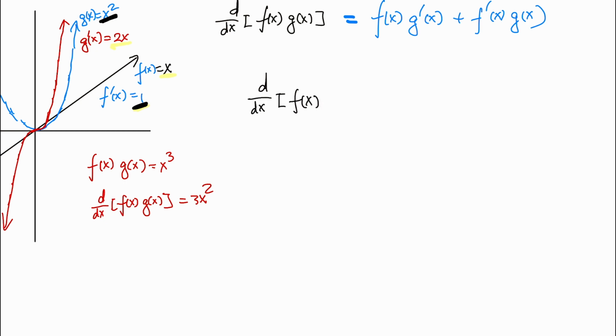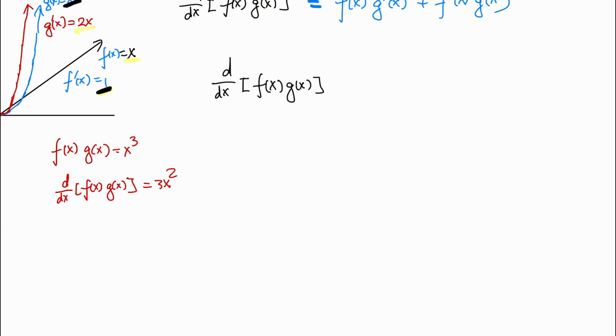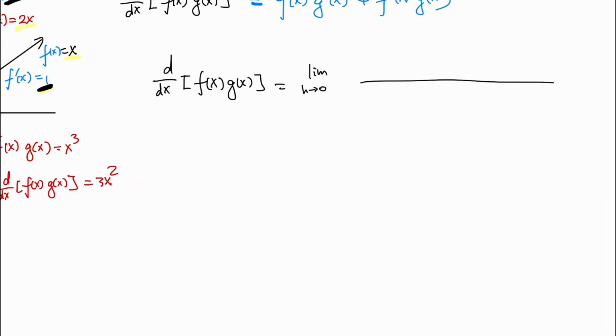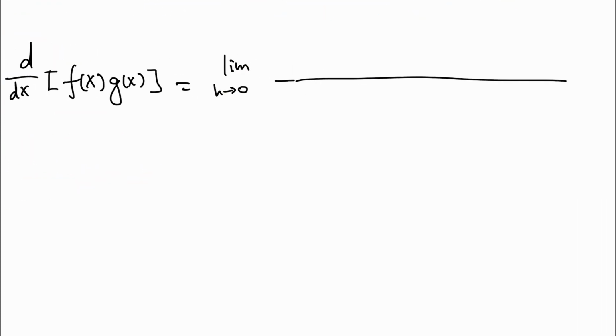So if we take the derivative of that, obviously we're still using the definition of derivatives. So this is the limit as h approaches 0 of this whole thing.